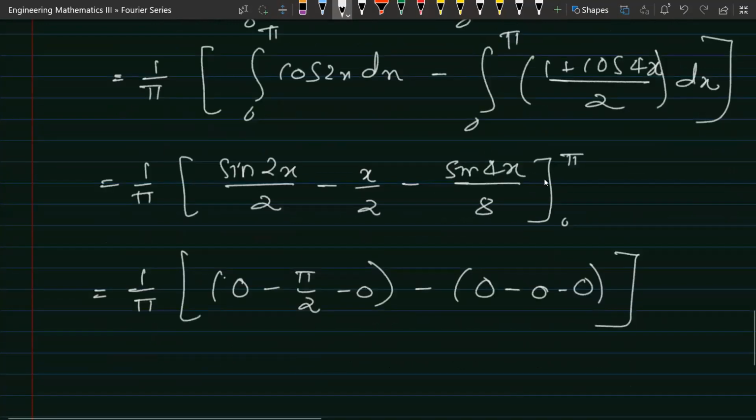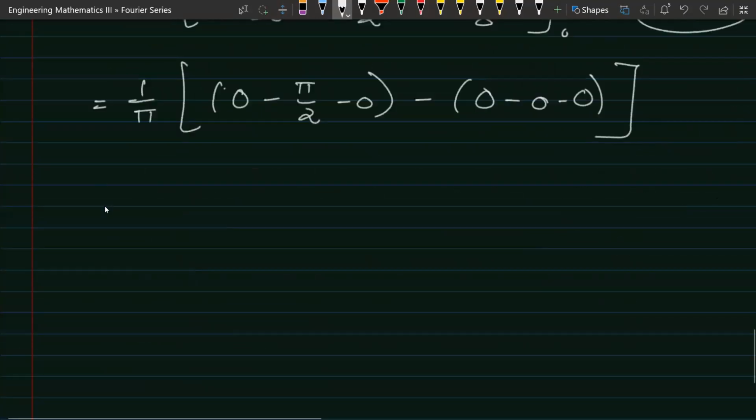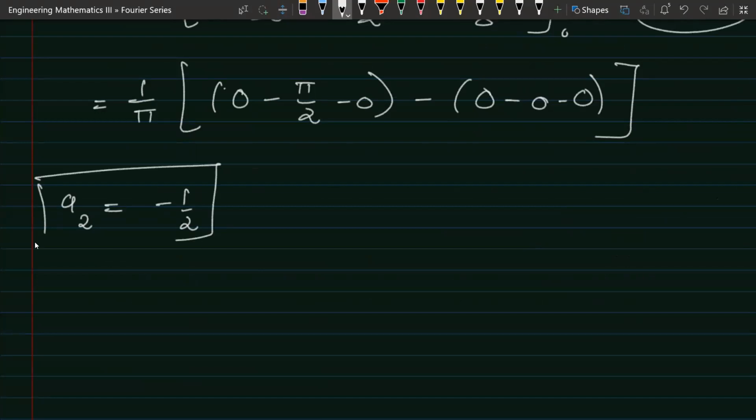Check this: sin n pi is 0 for all n. So what remains only here is minus 1 by 2. Correct? a2 is nothing but minus 1 by 2.